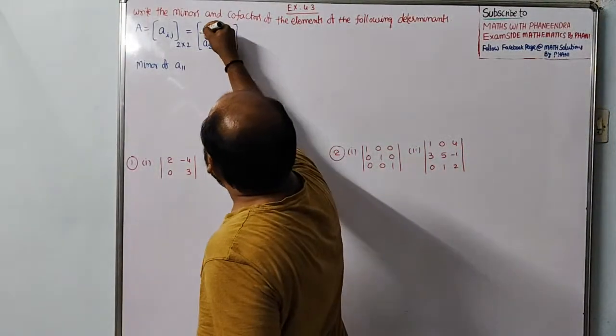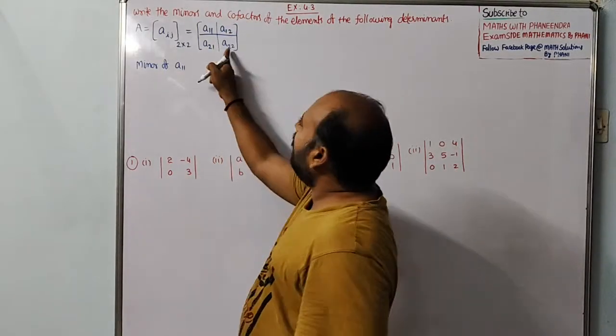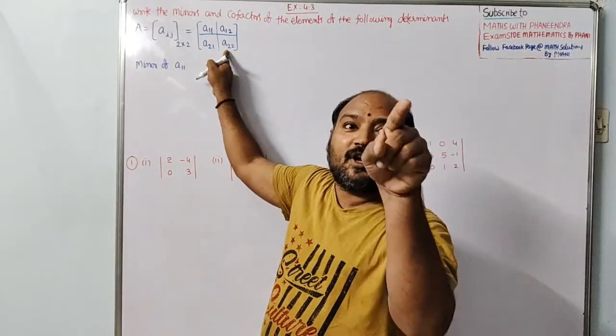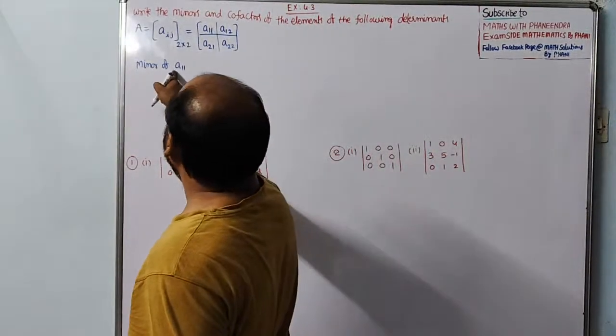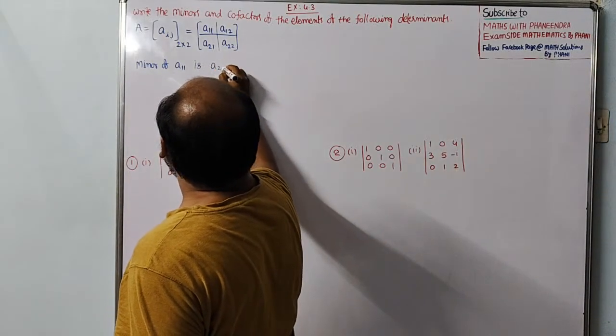You have to eliminate the first row and first column. The element that remains is called the minor of that element. So the minor of A11 is, according to this, A22.